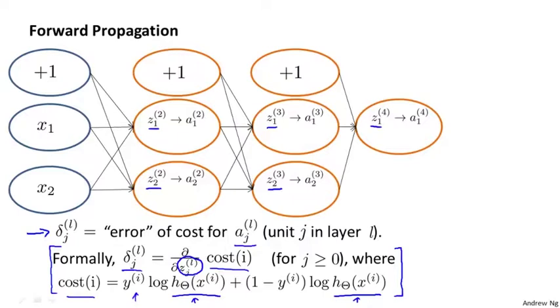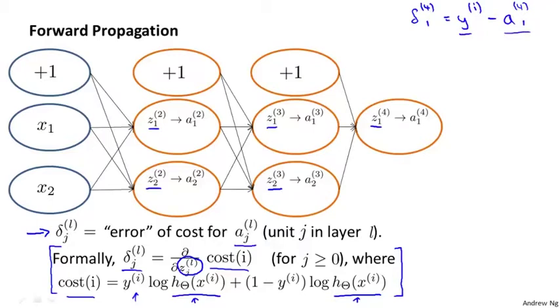But let's look in more detail at what backpropagation is doing. For the output layer, it first sets this delta term, let's say delta 4,1, as y(i) minus a 4,1, if we're doing forward propagation and backpropagation on this training example i. So this is really the error, the difference between the actual value of y and the value predicted.